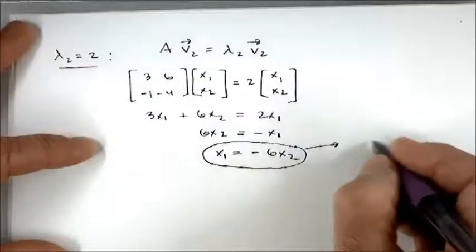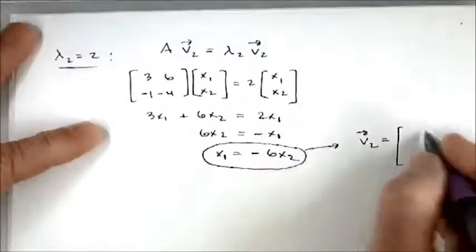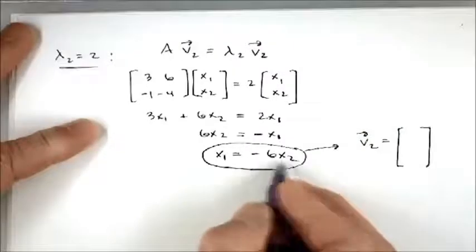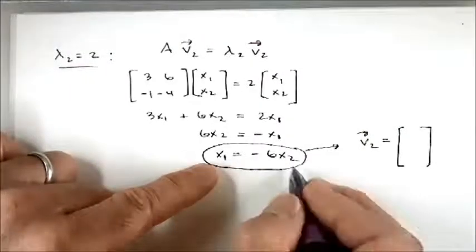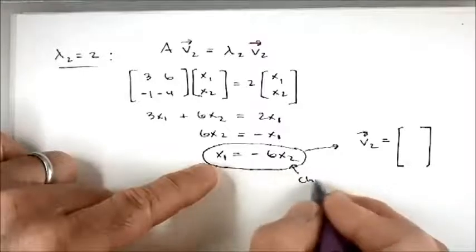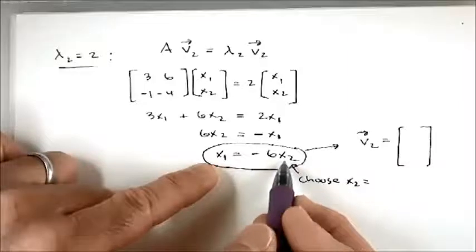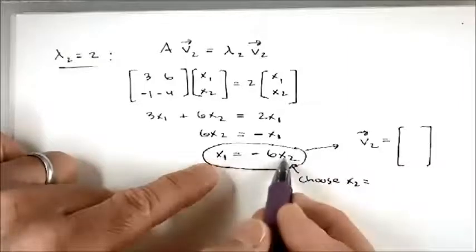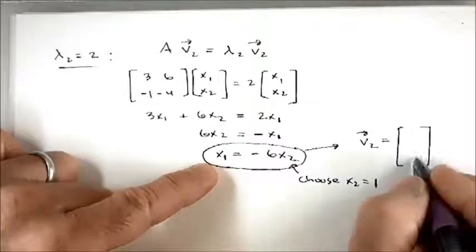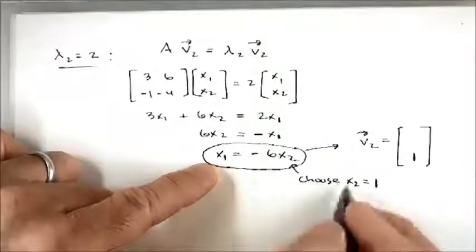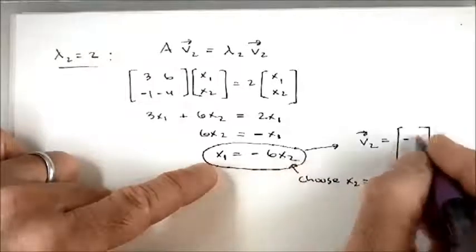And then choose a number. In this case, since x1 is -6 times x2, I would choose a number for x2. If I choose 0, then this is going to be 0. I don't want that. So just pick the nice, just like I did in the last one. Why don't we choose x2 to be 1? Because if x2 is 1, then clearly x1 would be negative 6 times 1, which is negative 6.